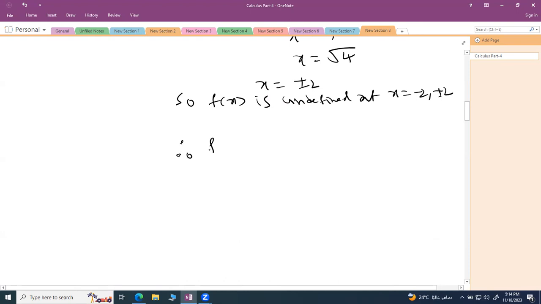Therefore, f of x is not continuous at x equal to minus 2, comma 2.